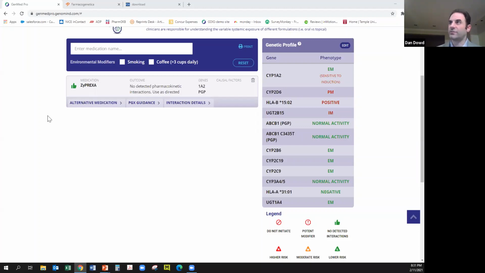I didn't mention PharmGKB, but that is an NIH-sponsored database that scores different drug-gene pairs. United Healthcare has used PharmGKB to guide their coverage policy. So once more payers start paying for this, this will become standard of care.